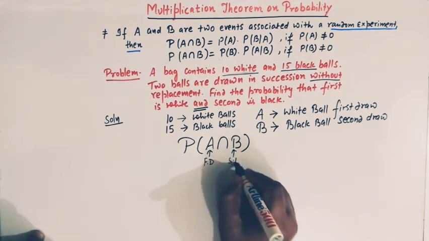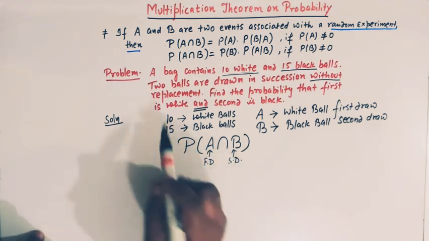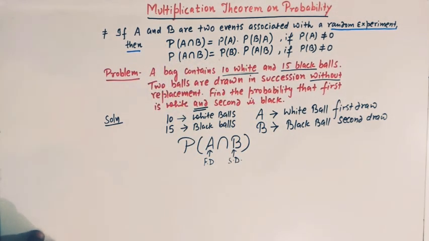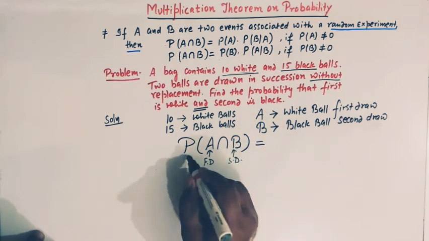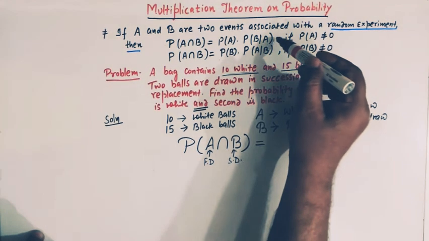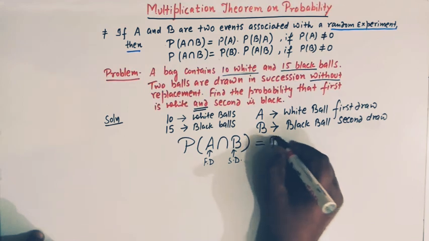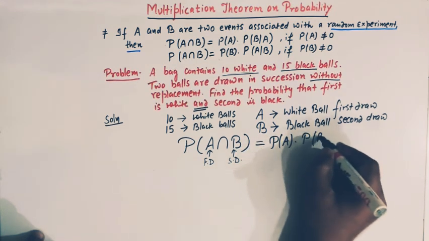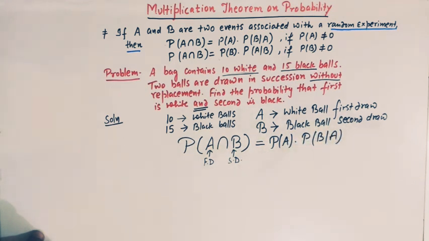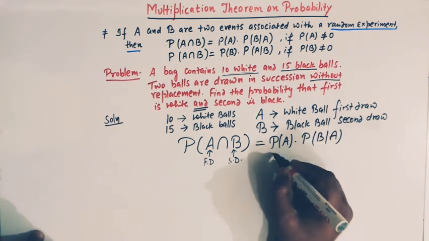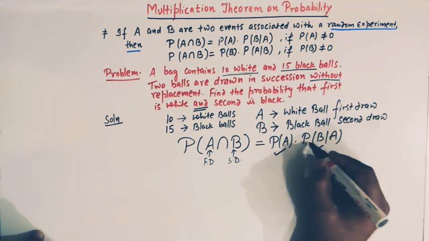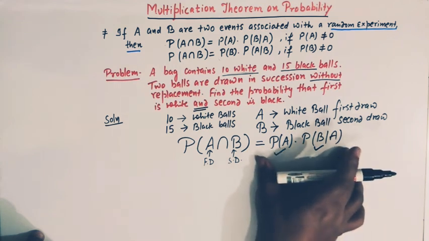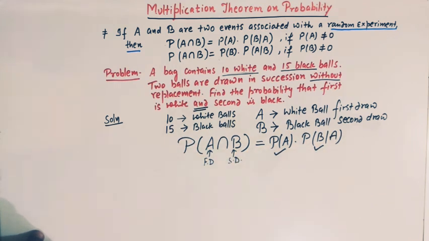If we make use of the multiplication theorem, then we get P A intersection B. We'll use this expression here: P of A multiplied by P of B by A. Once we know the value of P of A and P of B over A, we can multiply these two quantities to get the required probability.